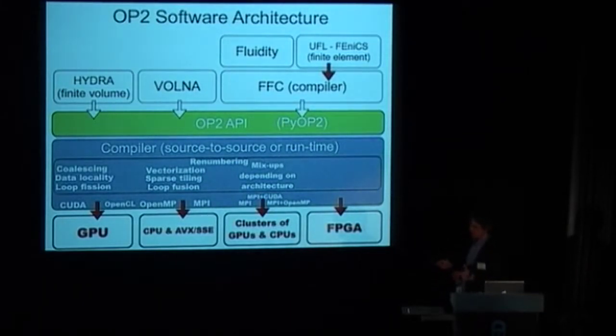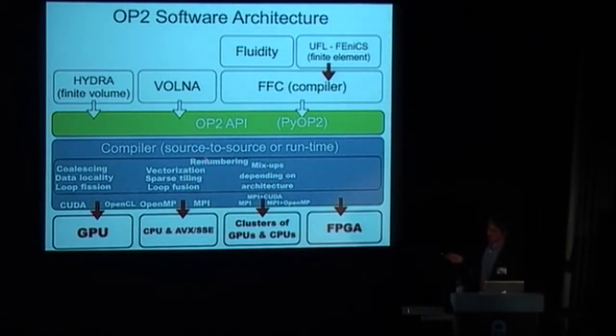Now, UFL is used to express, to implement in a very high level, so it's a DSL actually, partial differential equations, which are then solved using the finite element method. This specific path to OP2 passes through what we call PyOP2, which is the Python interface of OP2. Then there is a compiler. Actually, there is more than one implementation of the compiler.